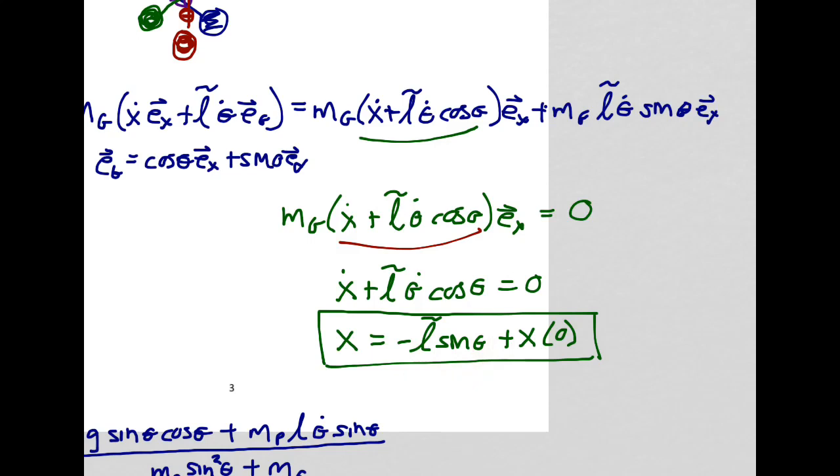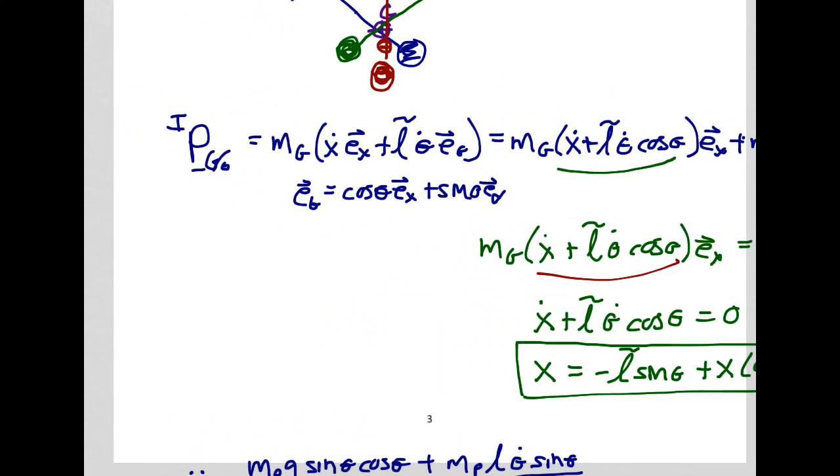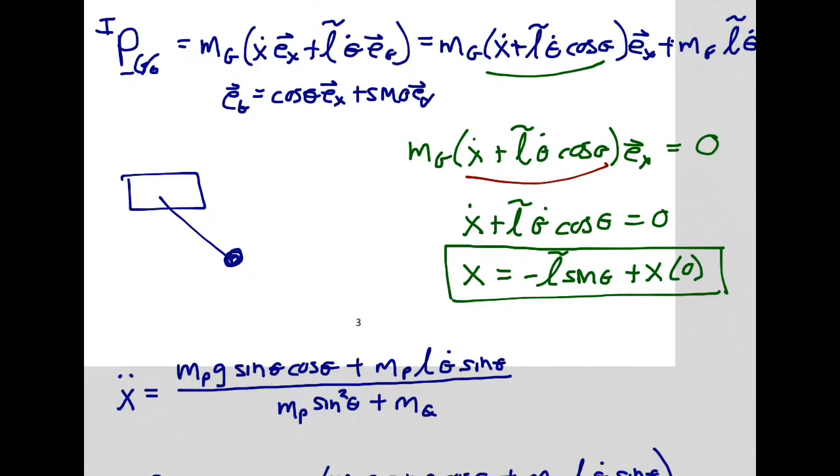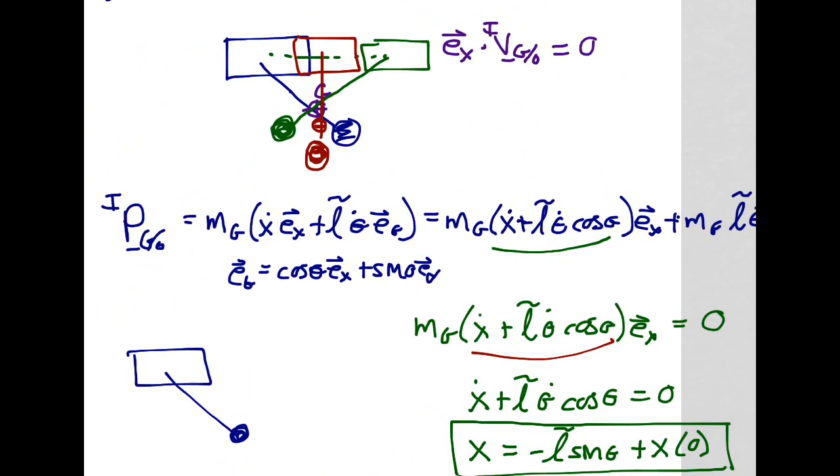So in this situation, where we're simply pulling the pendulum back and then letting it go with this initial criteria, we've gained incredible insight into how mass Q moves and, as a result, related to mass P, how it moves, because we've determined this expression.